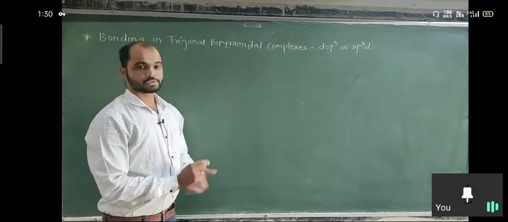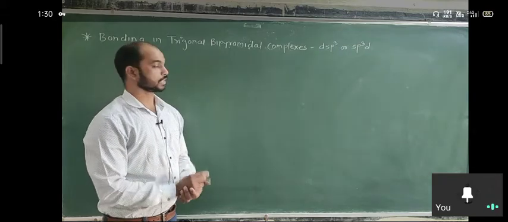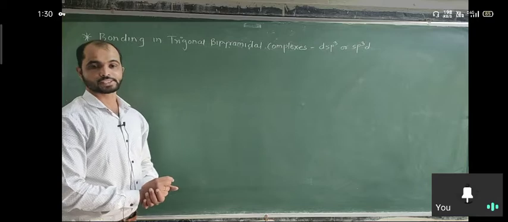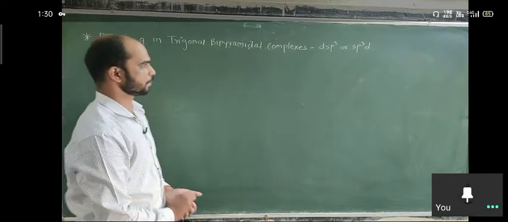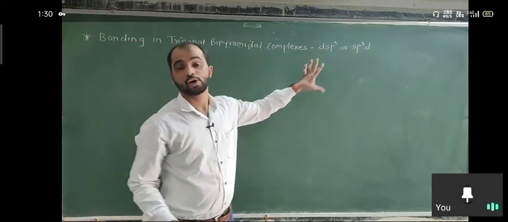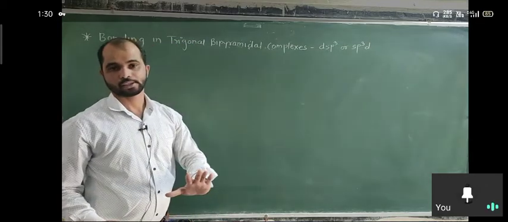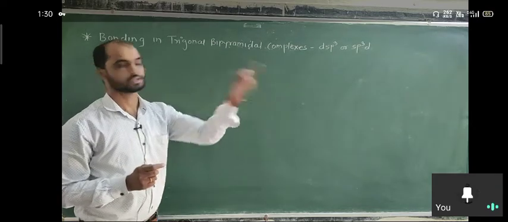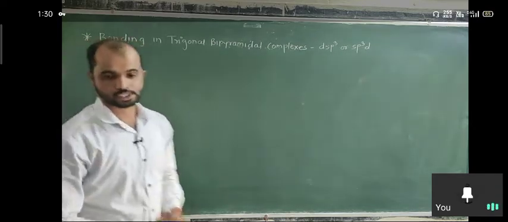So when n minus 1 is used, it is the inner d; when nth is used, it is the outer d. So there are inner d orbital complexes and outer d orbital complexes, depending on the availability of d orbitals. If inner d is available, use inner; if not, use outer. Okay, we are going to discuss this with some examples.